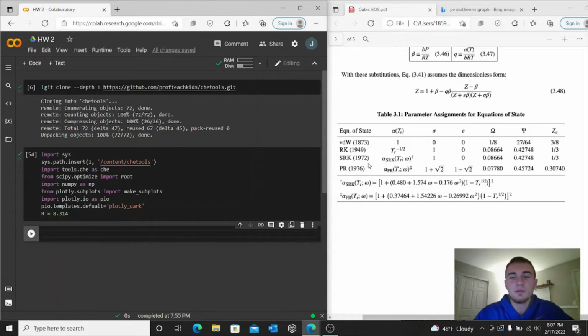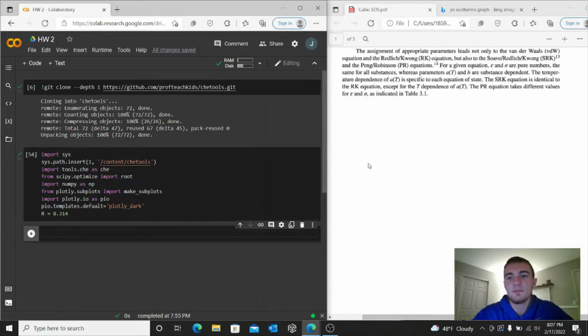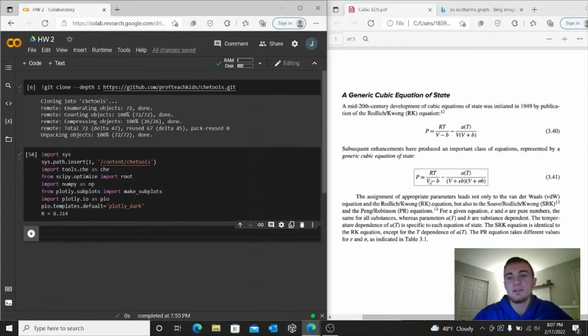So what we're going to look at in this video is, first of all, how to calculate this generic cubic equation of state with the parameters for the SRK equation of state. And then we're going to plot that equation onto a pressure versus specific volume diagram with isothermic curves.